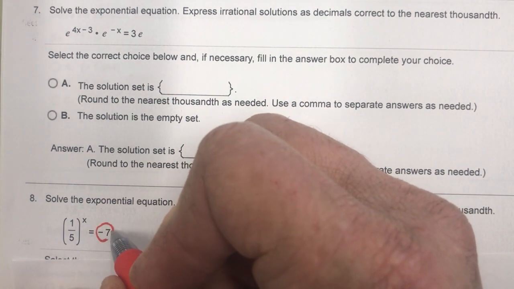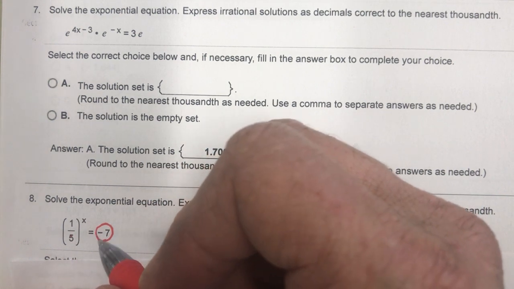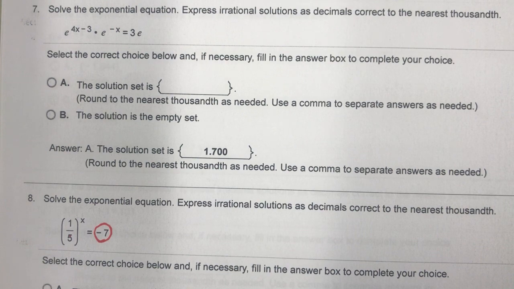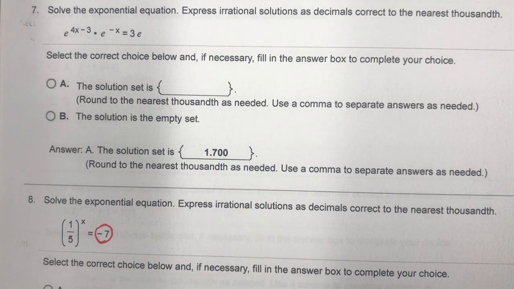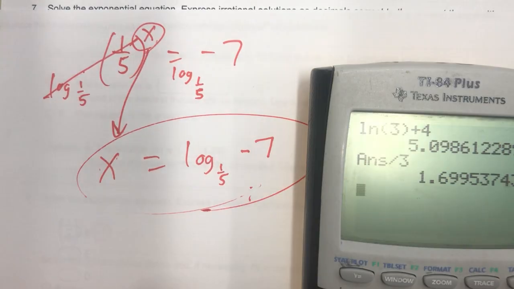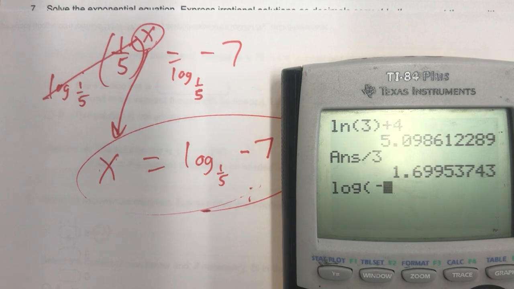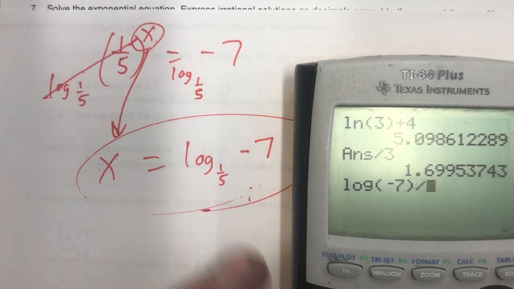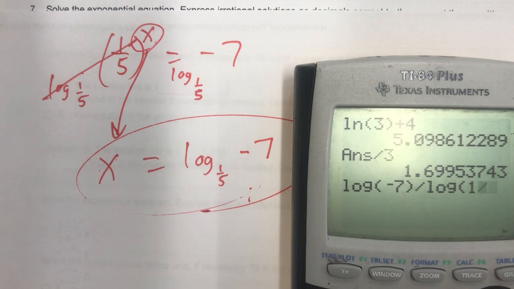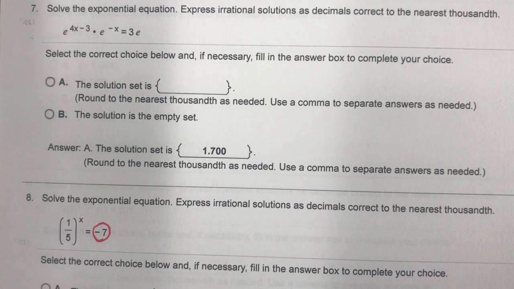There's no way anything to a power could be negative 7. So this is an empty set. Now you could go ahead and punch it in: log negative 7, and then divide by log 1/5. And you see there, it's an error, non-real answer. Anyway, let's go on.